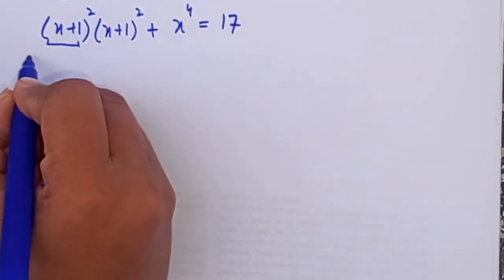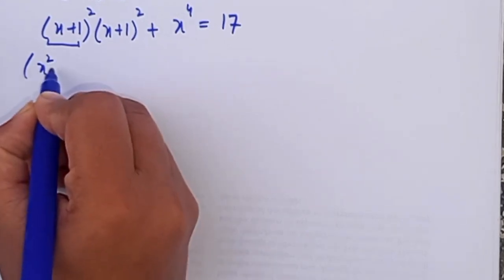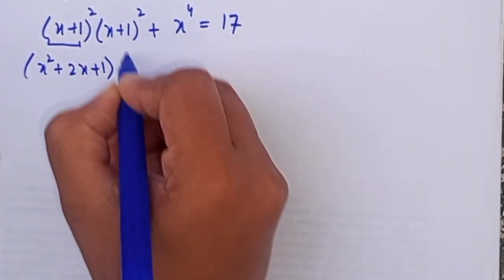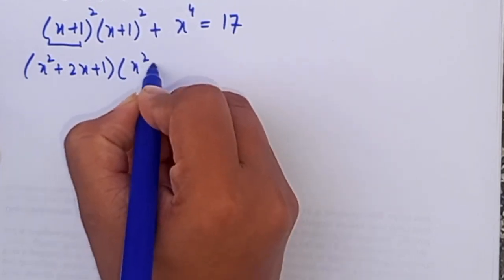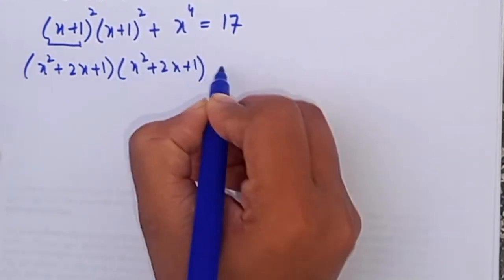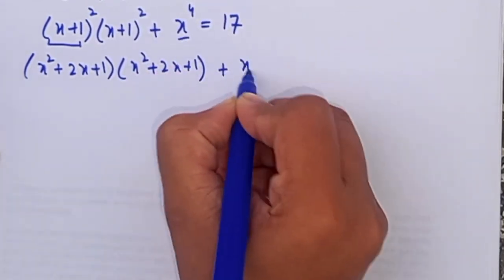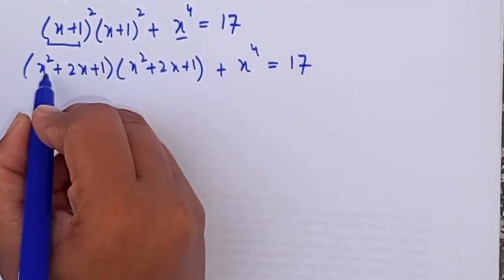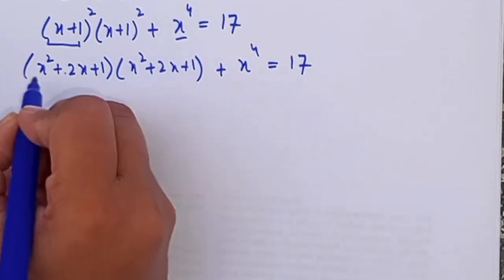Then this will become x^2 + 2x + 1, and this will become (x^2 + 2x + 1) plus x^4, which is equal to 17.